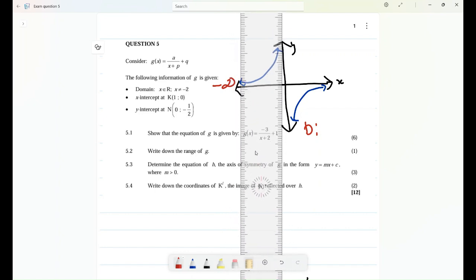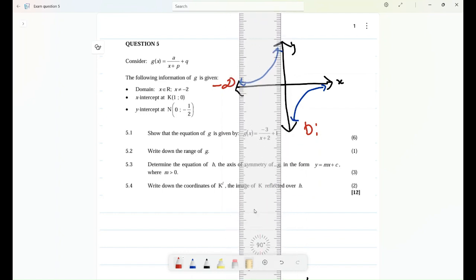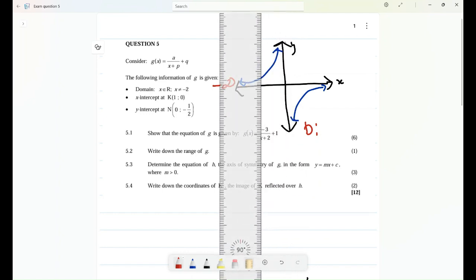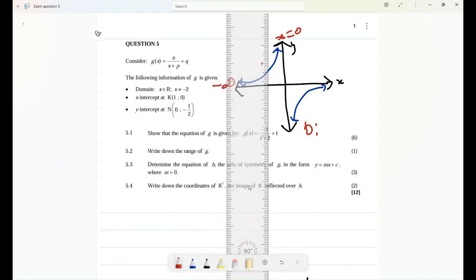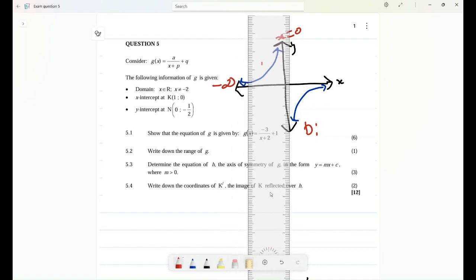But let's agree on one thing: the graph does not touch this line. So my graph does not touch my y-axis, and at my y-axis, x is equal to 0. So it means my graph moves from negative infinity, then jumps this line, the line x equal to 0, then goes to the other side here.